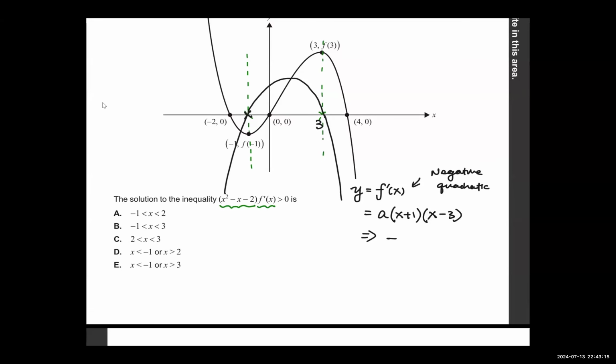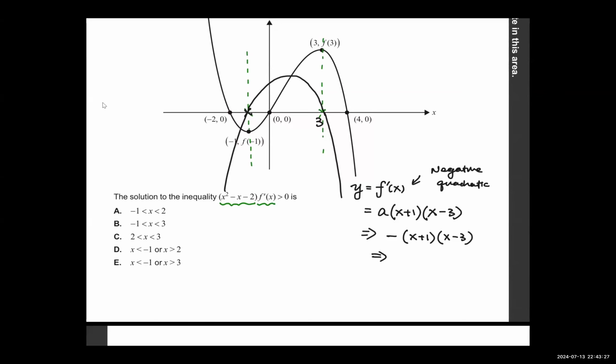Let's just assume it's a -1. It doesn't really matter, because eventually we just need the positivities or negativities correct for the inequality we want to solve. So let's just use x plus 1, 3 minus x. As long as you get the correct signs in front of the factorized form, you should be fine.